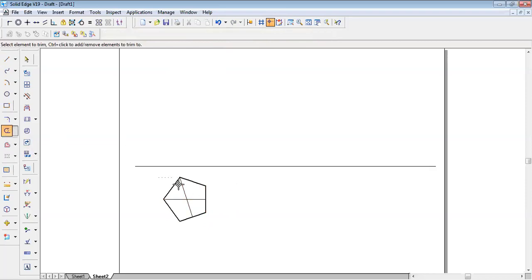After this, trim the extra lines. Don't trim these lines. Only two lines are enough to find the midpoint. This is the midpoint.